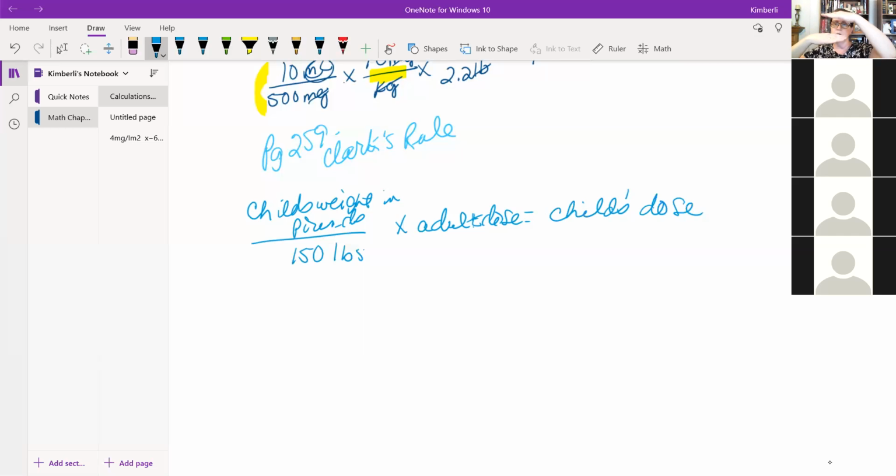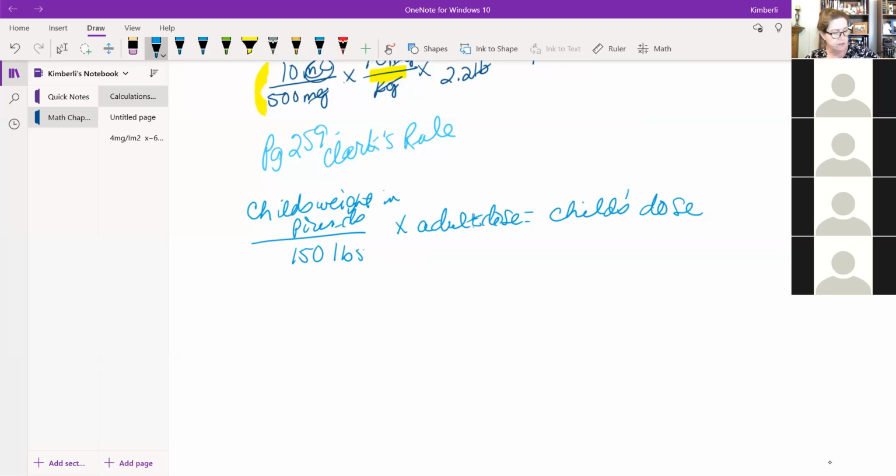So right in between is the therapeutic range. Now, some drugs are only effective at a certain dose, but if you go too far past that dose, it becomes toxic. So those drugs are said to have a narrow therapeutic range. If it has a narrow therapeutic range, that's when we would look at dosing in milligram per kilogram.